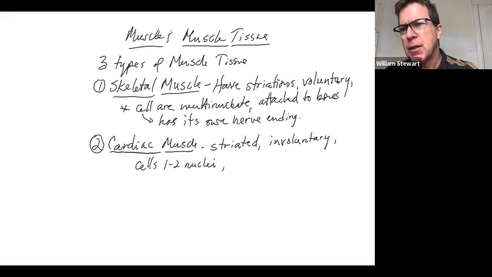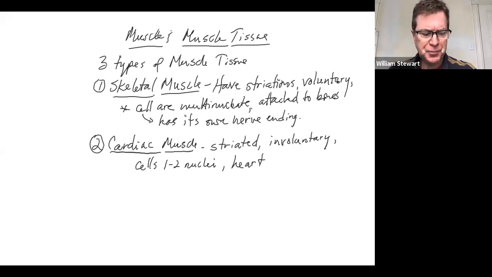Finally, the location. We only find cardiac muscle in the heart. And every single cell does not need its own neural stimulation in order to contract. Cardiac muscle has the ability to transfer electrical stimulation from cell to cell.